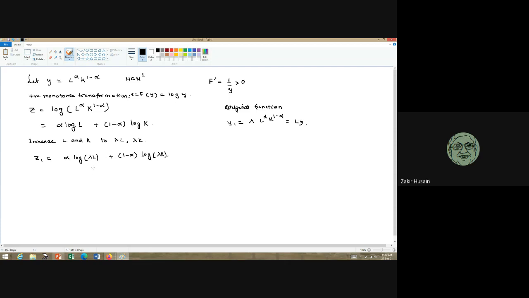Can you take lambda common? So if you want to find out what is Z1, you will have to actually put in the values over here and find out. So this implies that Z is not a homogeneous function.